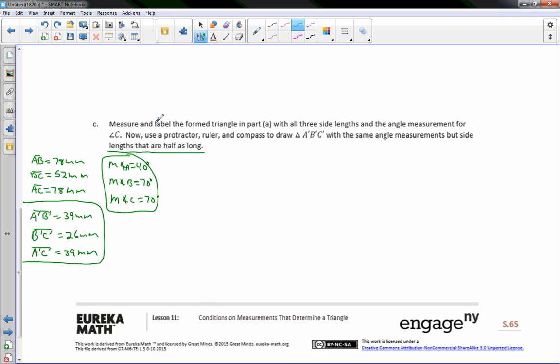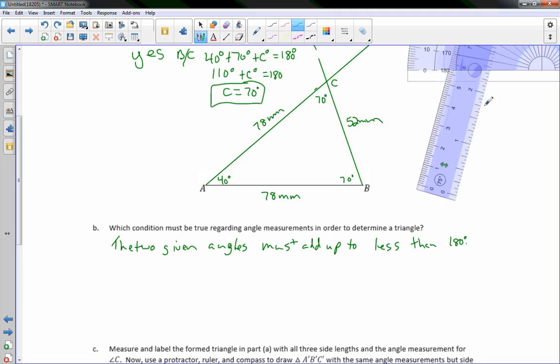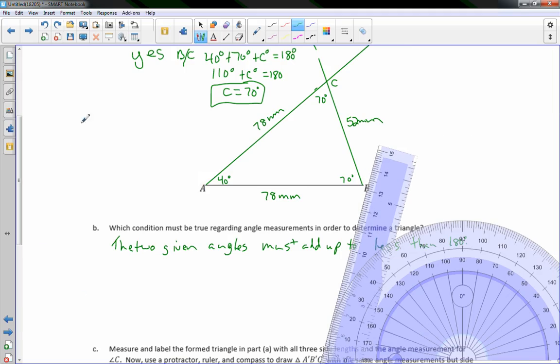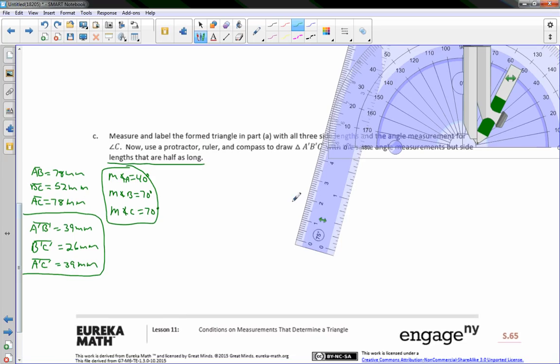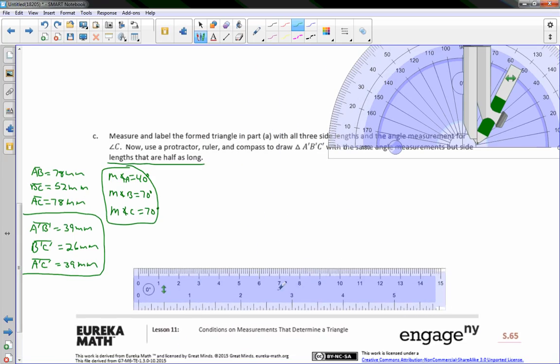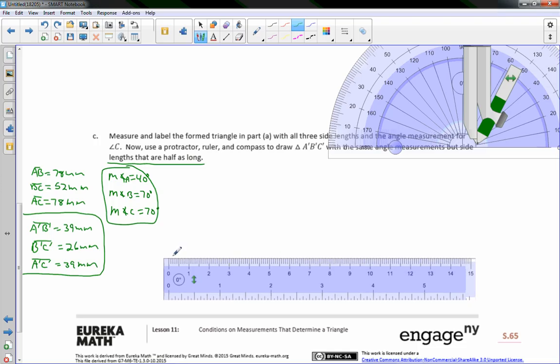I will start by drawing AB. Bring my ruler and my protractor down. And might as well get my compass while I'm at it because it asked for that. So there's my three tools I need in this problem. And I bring my ruler down. And I'm going to make a line segment 39 millimeters long.